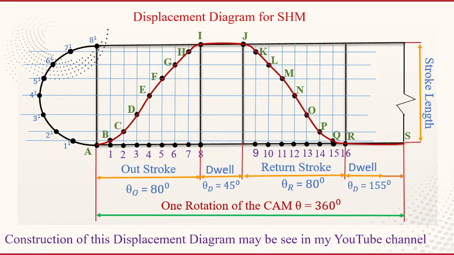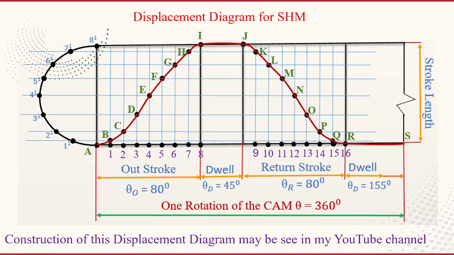So before going to construct the cam profile, it's required to complete the displacement diagram. Here, this is the displacement diagram for the simple harmonic motion, both outstroke and return stroke. So outstroke 80 degrees, dwell 45 degrees, return stroke 80 degrees, and followed by dwell 155 degrees. Here for outstroke and return stroke I have taken 8 equal divisions.